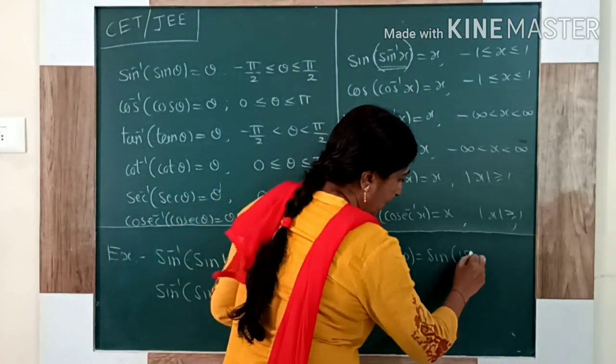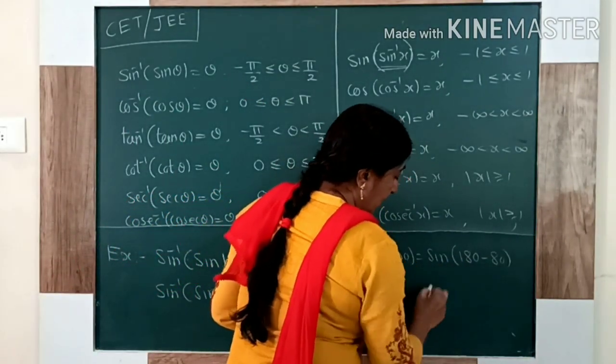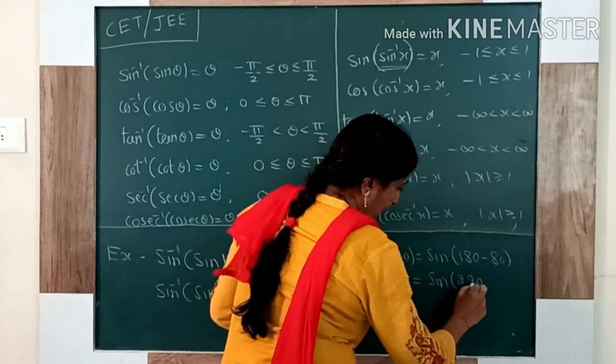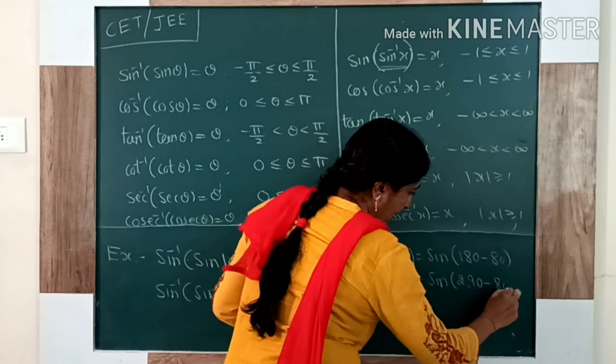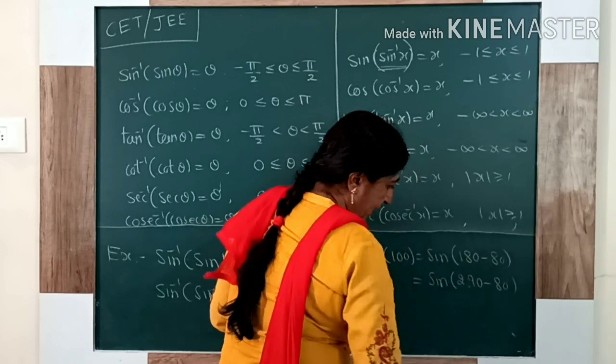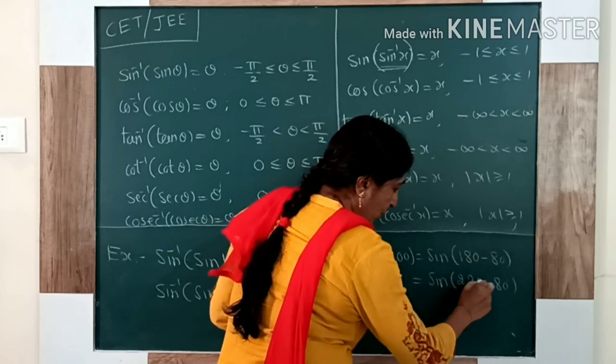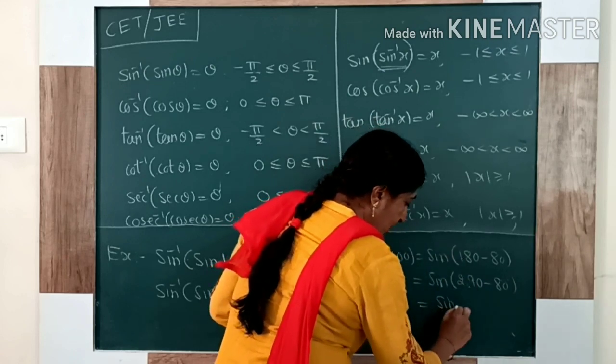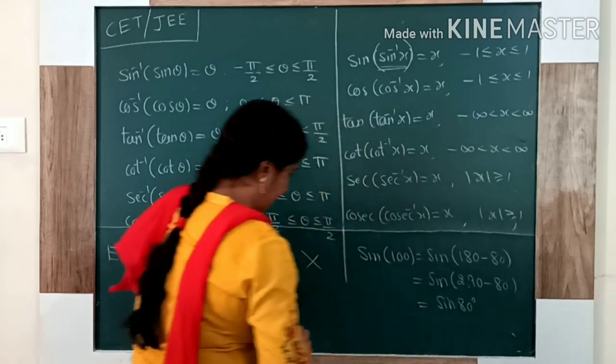That's why I am writing 180 minus 80. 180 minus 80 will be nothing but sine of 2 into 90 degree minus 80 degree. Remember, everything should be in the form of degree. If you are thorough in allied angles, this is sine 80 degree.